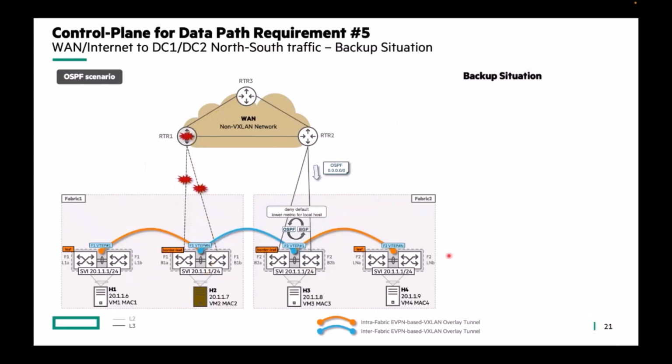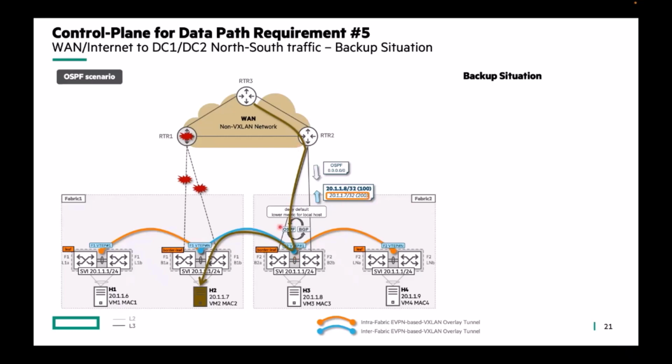Data path requirement 5: to achieve that, what needs to be done on the control plane? The backup situation, which I already spoke about. Let's say this goes down on the left side. For 20.1.1.7, the ideal upstream was RTR1; now it has to go through the other side, border VTEP, and then to WAN router 2. But it had a metric of 200, remember? That is fine because now it is the backup situation.